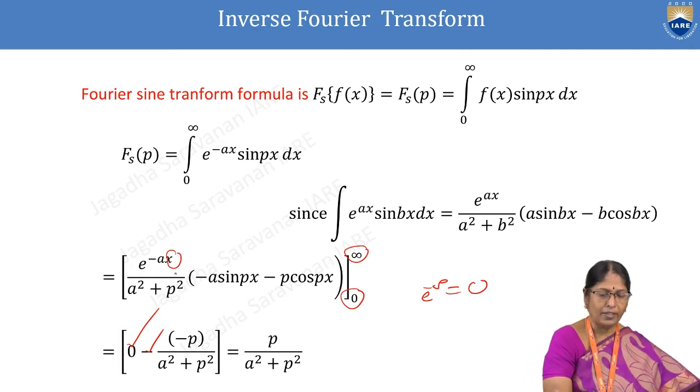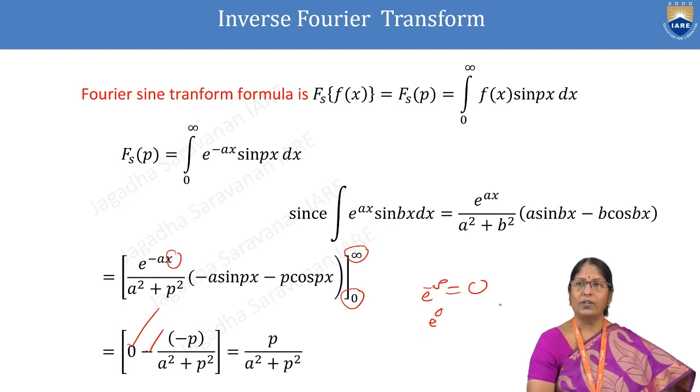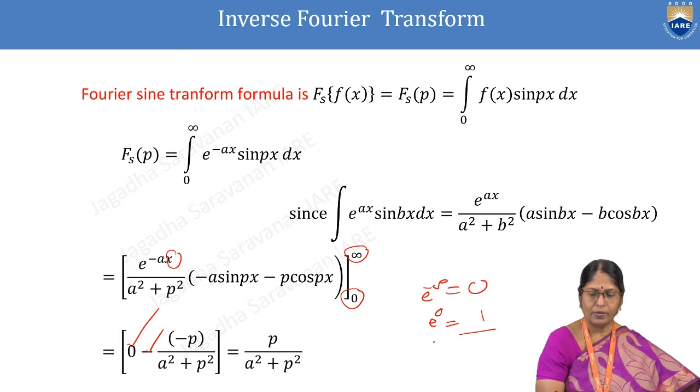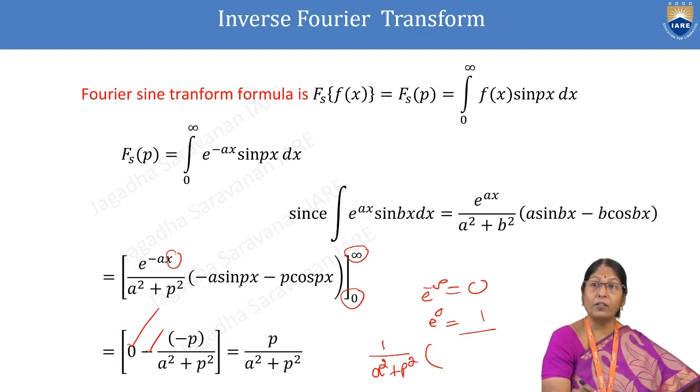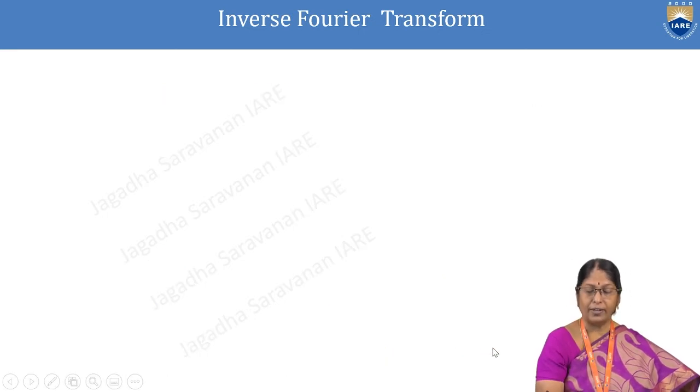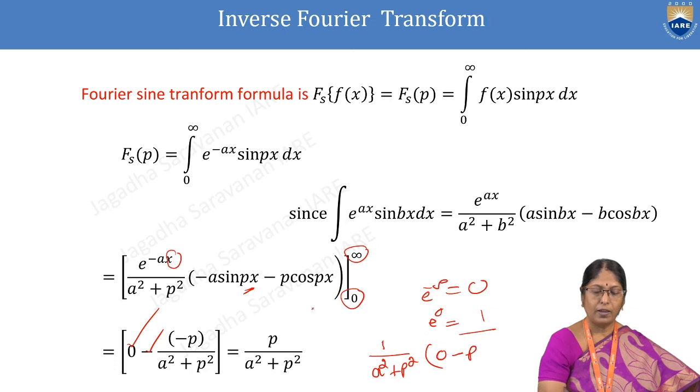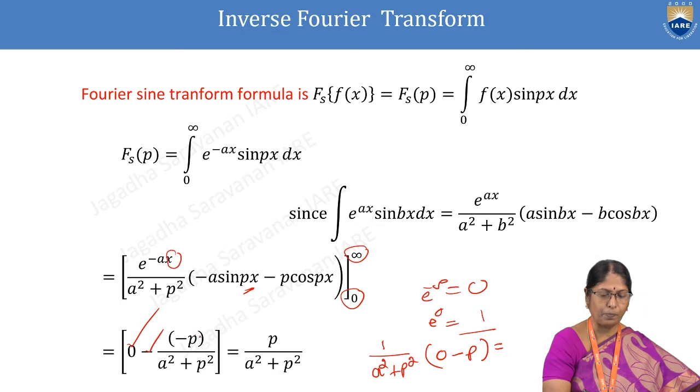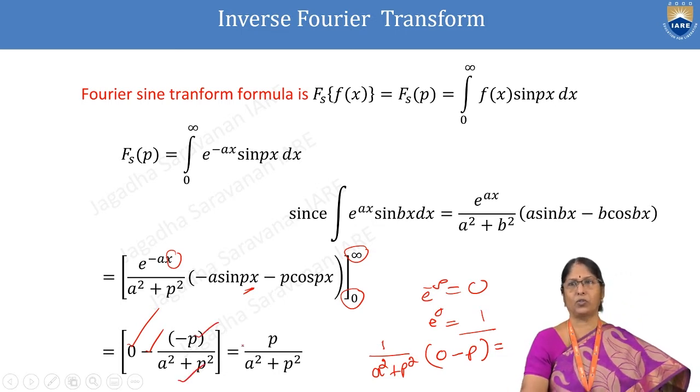The formula has minus, and the lower limit is 0. So minus here, e power 0, the value is 1. So I will write 1 by a square plus p square. Here x place we are substituting: minus a into sine 0, which becomes 0. The minus as it is, p cos 0, the value is 1. So we are getting minus p by a square plus p square.